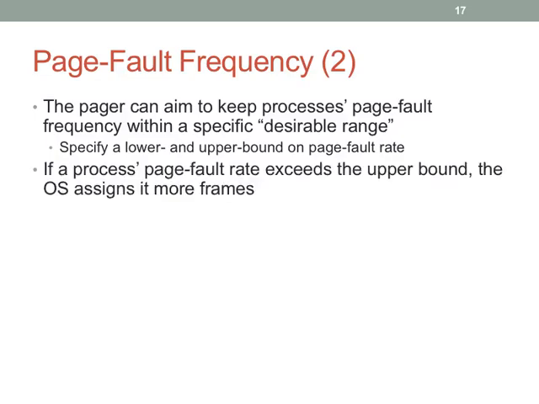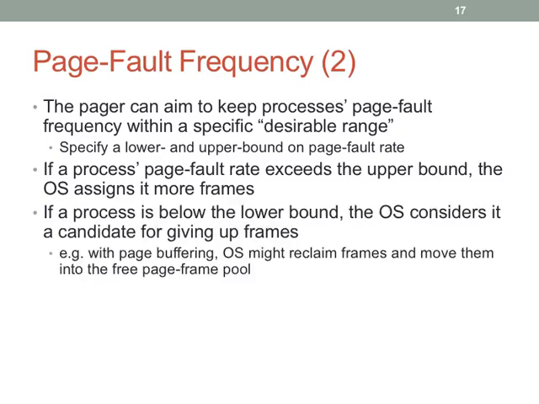Okay. All right, so again, this is in the context of local allocation. If a particular process exceeds the upper bound of the page fault frequency, then the OS can just grant it more frames, and then it'll be a little bit better. If it's below the lower bound, again, we're talking about fairness, I guess, and the OS says, some processes are faulting more frequently than others.